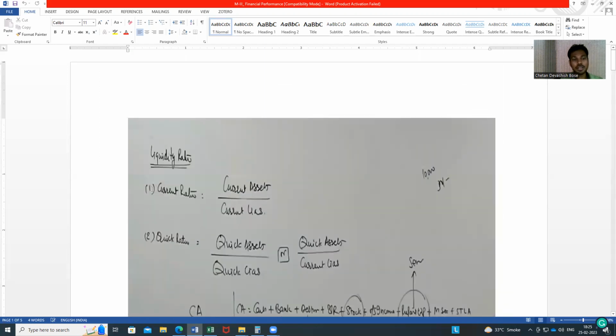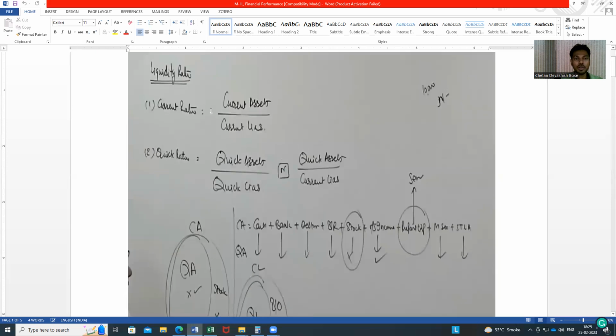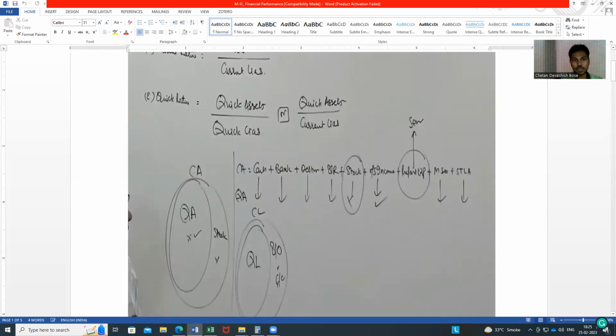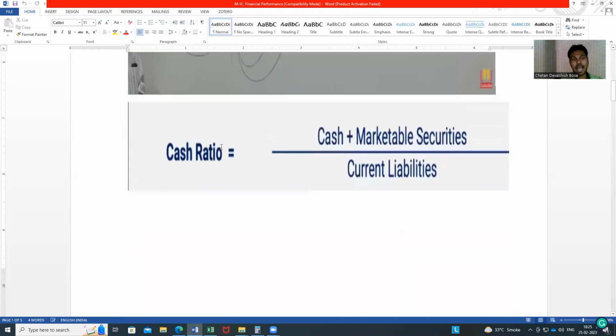Okay. Now, since it is current ratio, current liabilities would be compared with current asset. So the formula is current asset upon current liabilities. Since it is quick ratio, instead of saying current liabilities, we say quick liabilities, and these quick liabilities would be compared with quick assets. So the formula would be quick asset upon quick liabilities. And then cash ratio would be cash plus marketable securities divided by current liabilities.